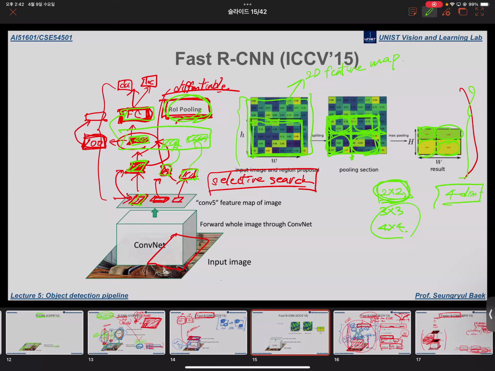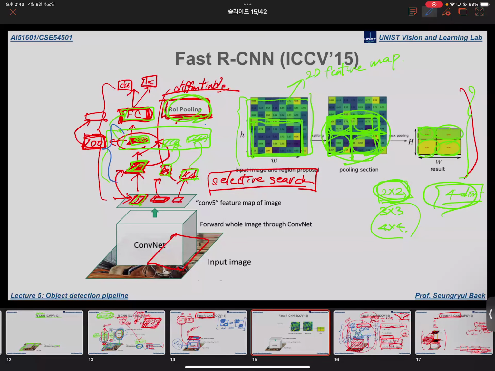So regardless of the original bounding box size, because we are dividing it into a fixed number of sub windows and picking just one value from each sub window, we can get a fixed dimensional vector. That is exactly what I mentioned here.